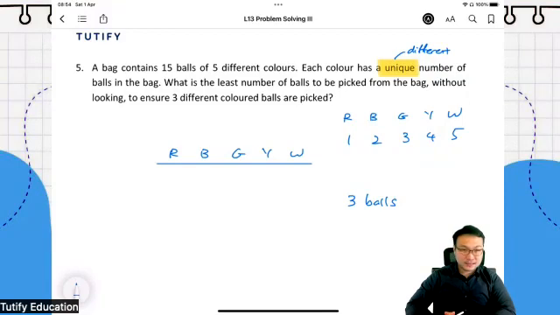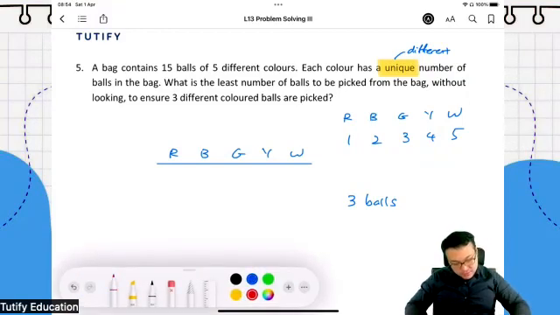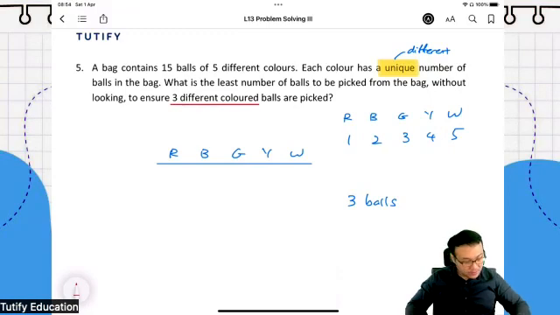Zicheng, the question wants me to take how many balls? 3 different colored balls. Yes, they want you to take 3 different colored balls. If I'm very lucky, I will straight away take 1, 2, 3. Are they different color? Yes.